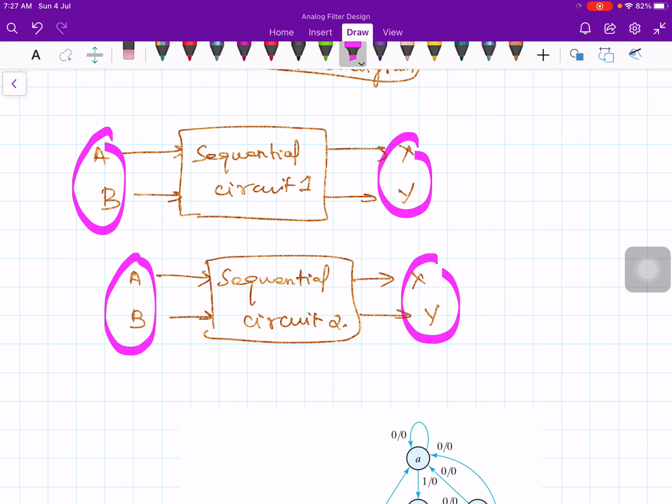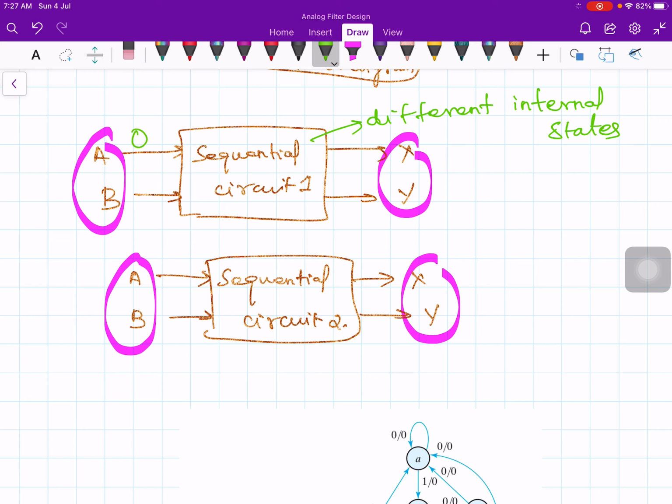But sequential circuit 1 and 2 may have a different number of internal states in their state diagram. They may have different internal states, that doesn't matter. They are not identical, but their behavior is identical.